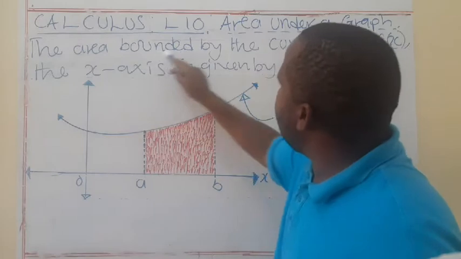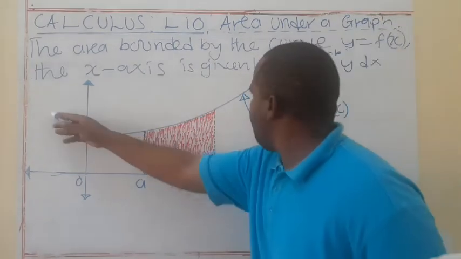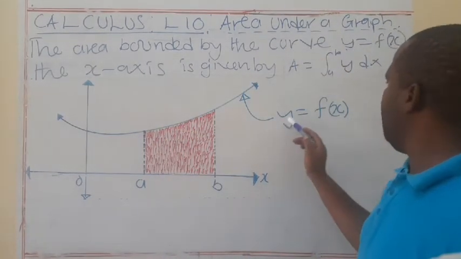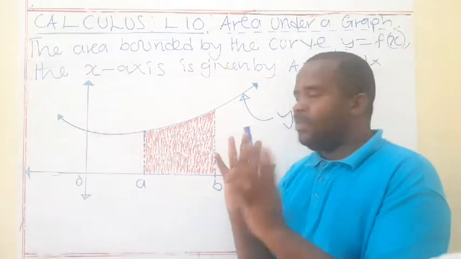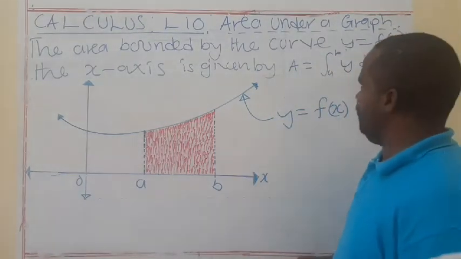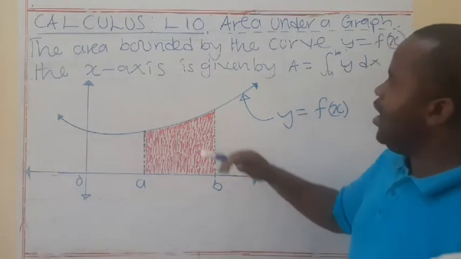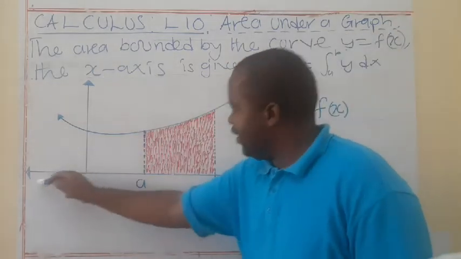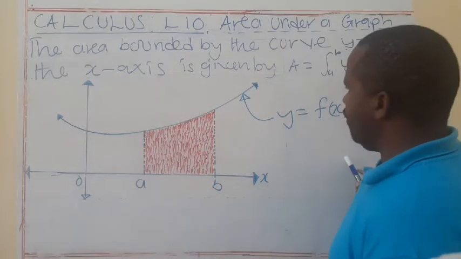We are saying the area bounded by the curve. Suppose we have a curve here, which is y is equal to f of x. Then you have the x-axis like this one.